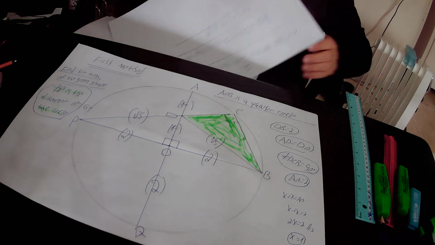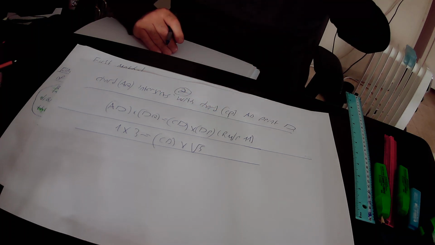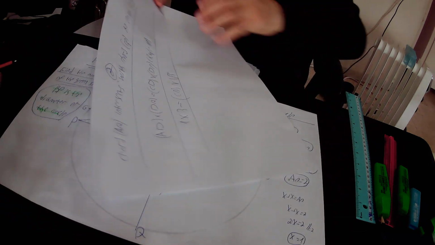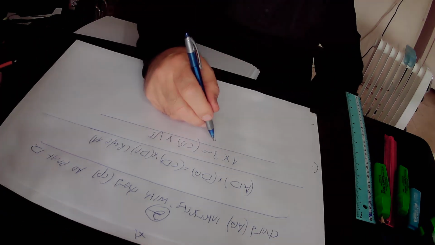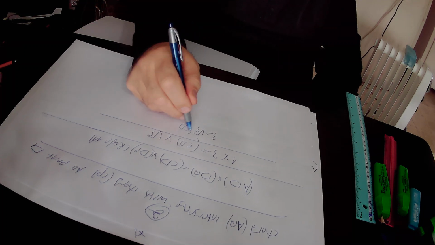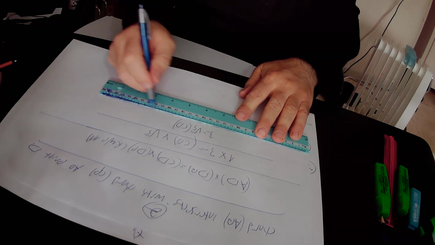So according to rule 11, we found out that 1 times 3 equals CD times square root of 5. So 1 times 3 is 3, so 3 equals square root of 5 times CD.